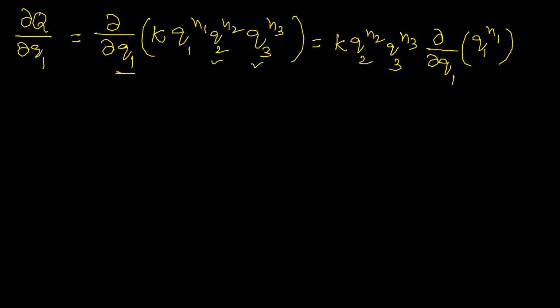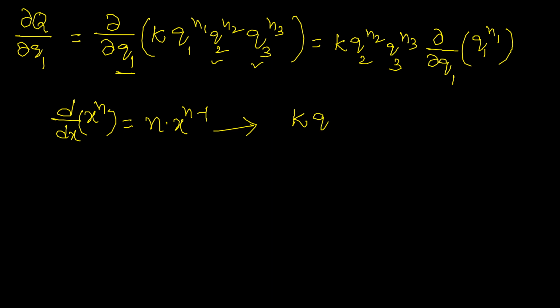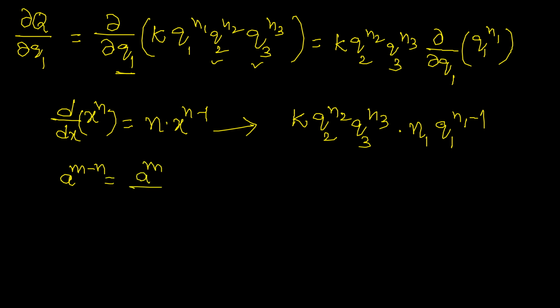Now, by using the derivative of x power n with respect to x, which is given as n times x power n minus 1, the above equation can be written as K times q2 power n2, q3 power n3 times n1 into q1 power n1 minus 1. Now we know a power m minus n is equal to a power m by a power n.